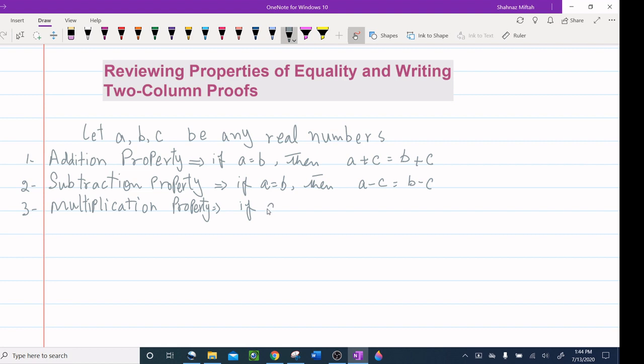If A is equal to B, then A times C is equal to B times C.